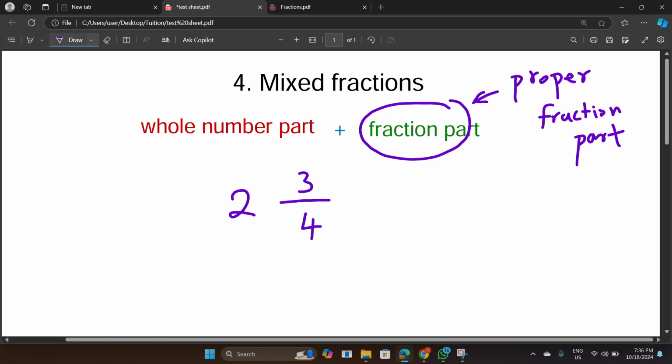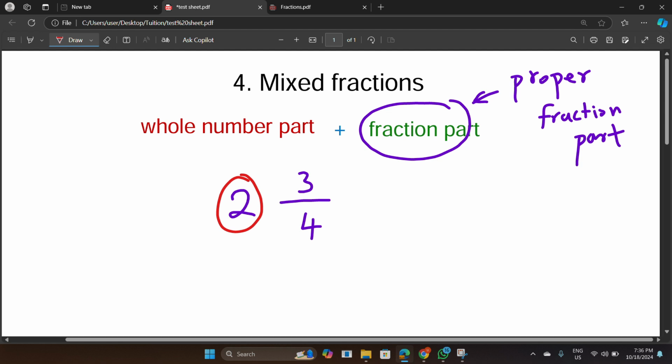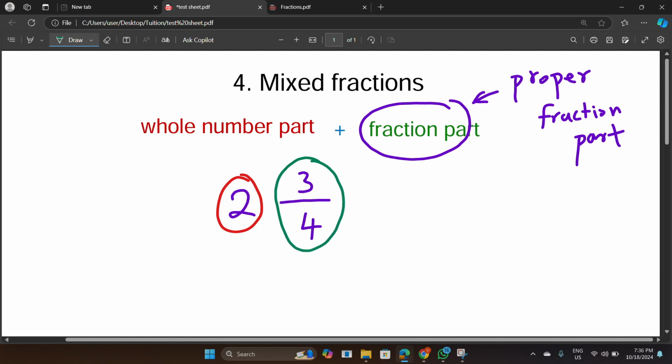This is an example of mixed fractions. There is a 2. It is the whole number part. And this 3/4 is the fraction part. This is the whole number part and this is the fraction part. Right? This whole number 2 represents the number of complete wholes you have. We can write more examples of these mixed fractions.